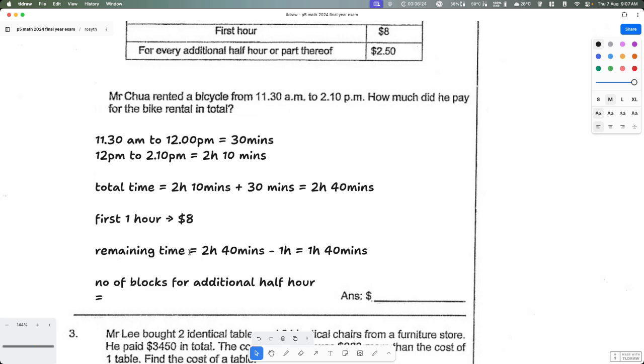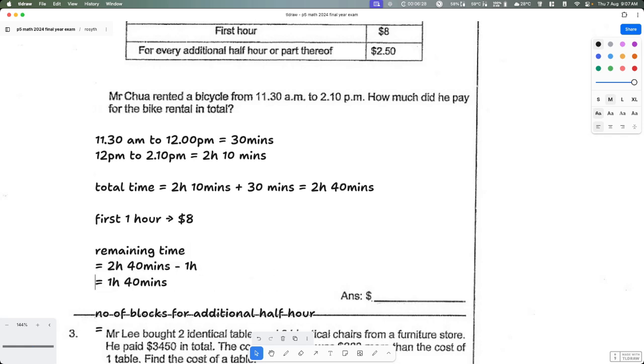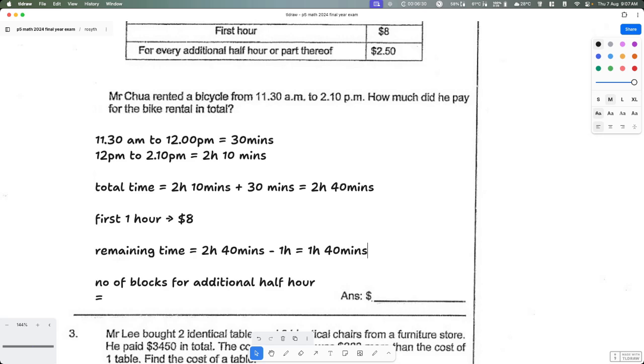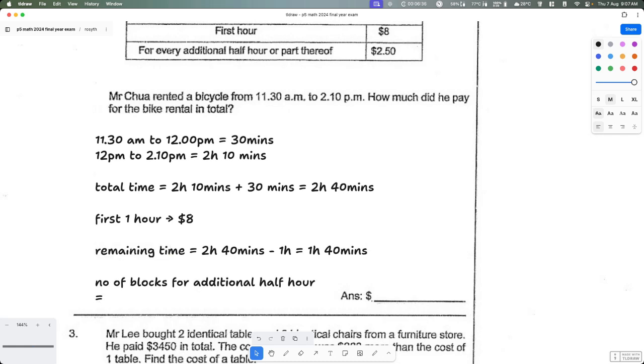So 1 hour is equal to 60 minutes. Then remaining time will be equal to 60 plus 40, which is 100 minutes.